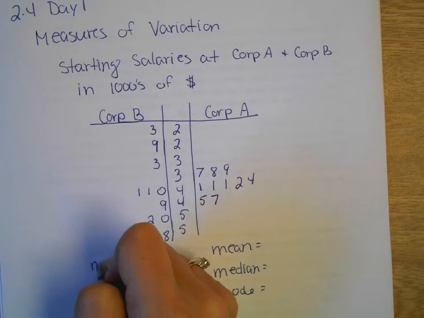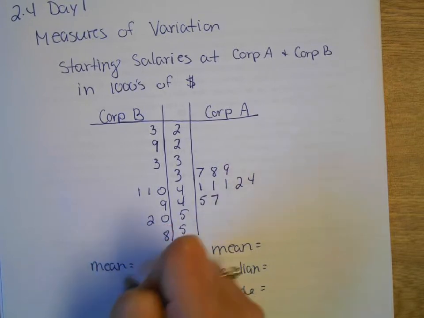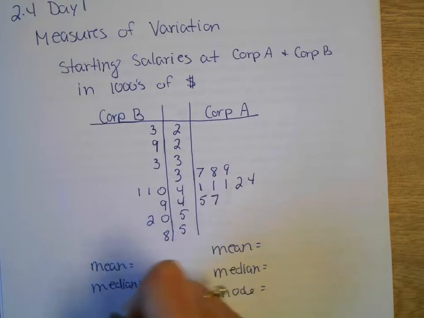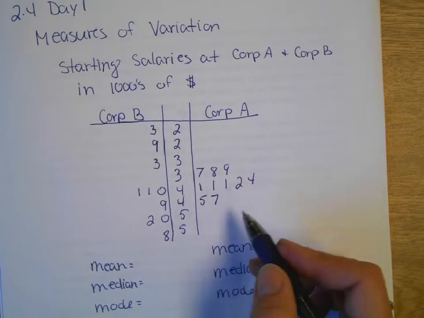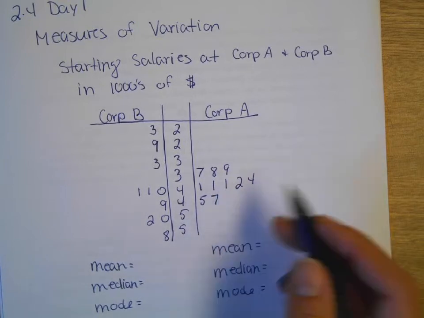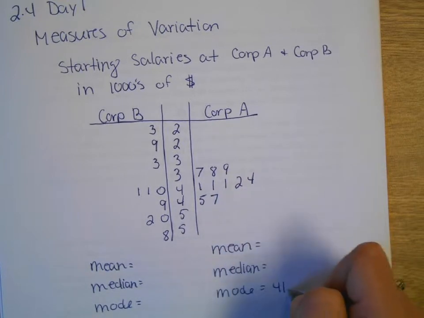And then we'll go mean, median, and mode. I can get the modes done for you. Mode is 41,000.